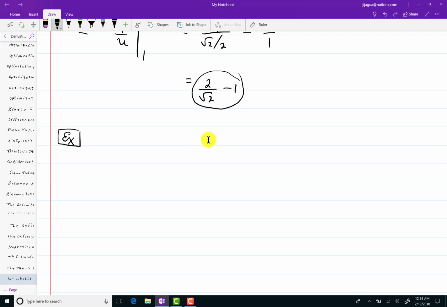Let's do the integral from 0 to 4 of x over the square root of 9 plus x squared dx. What you might want to try, by pausing the video, is to take a stab at what you might let be equal to u and see what you can do with it.